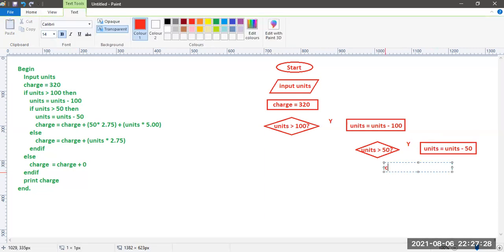Charge equals charge plus 50 into 2.75, write it as close as possible, plus units into 5.00.